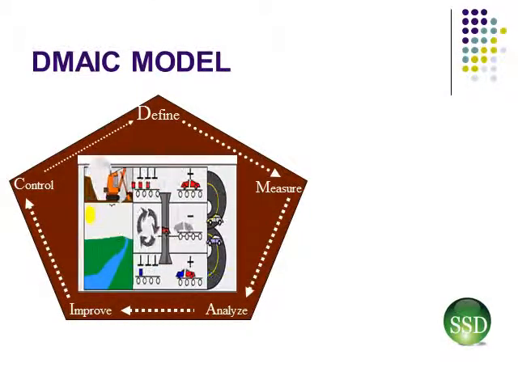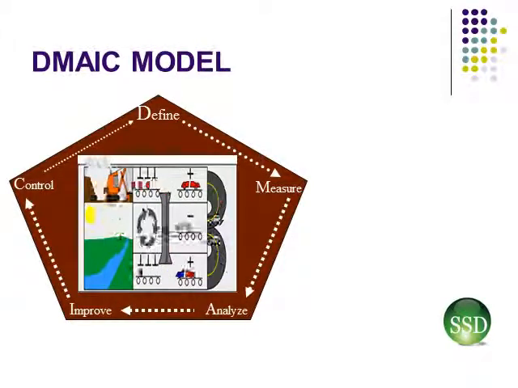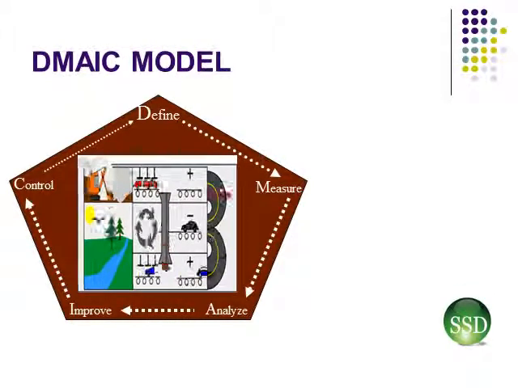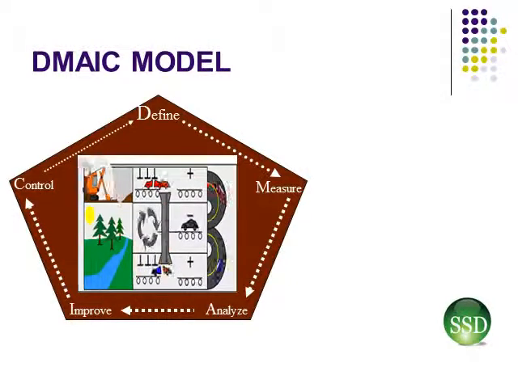The DMAIC model is a dynamic model that can be looked at in a waterfall fashion, or it can be looked at in a circle. Typically, Six Sigma people think of the DMAIC model in a waterfall fashion because the people working on define might not be the same people that are working in measure, and we might even offshore analyze.